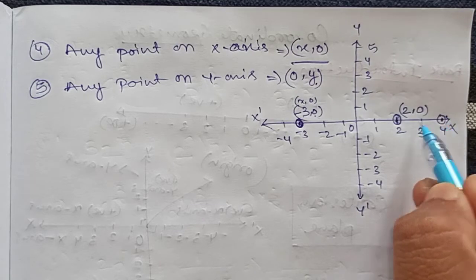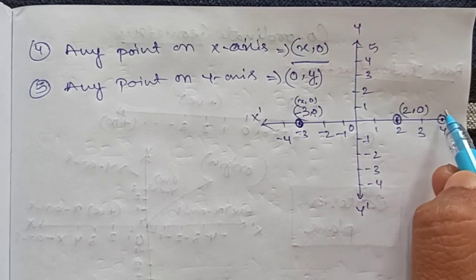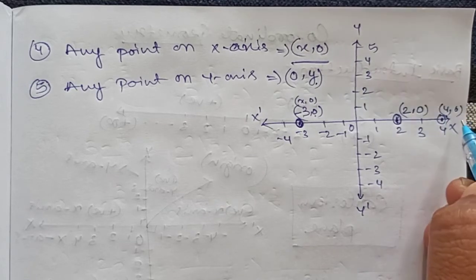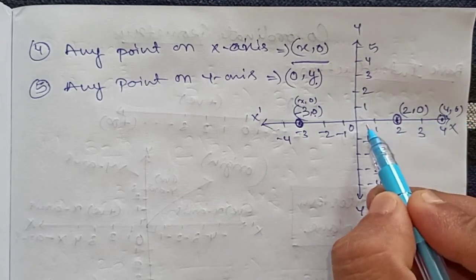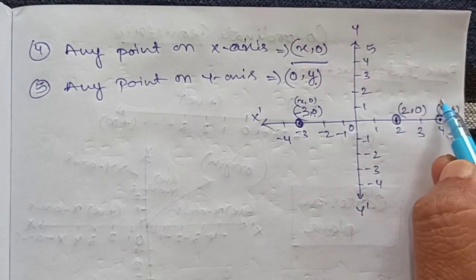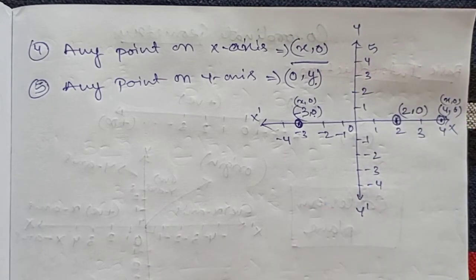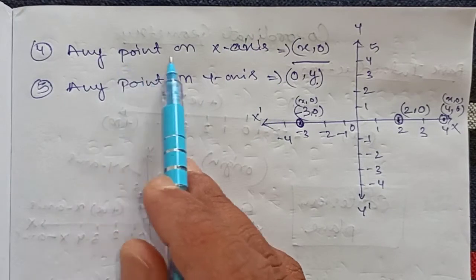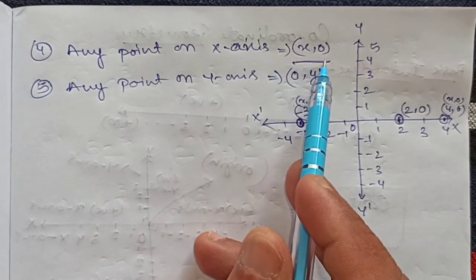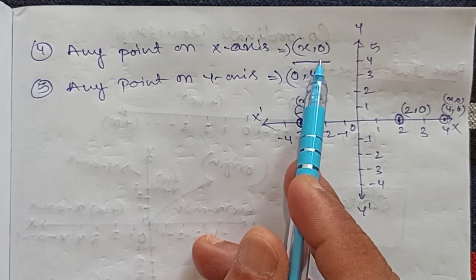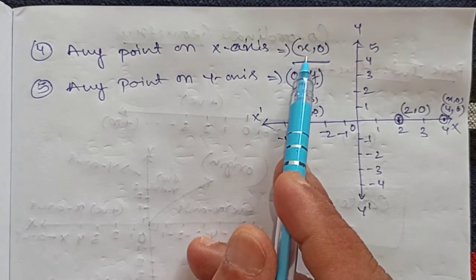Up to here it is 4, but what is the point of y? It is 0, because there is no point of y on the x axis. So this is called x, 0. Whenever any question asks, any point on the x axis is x, 0. There will be a point of x, but there won't be any points of y on the x axis.